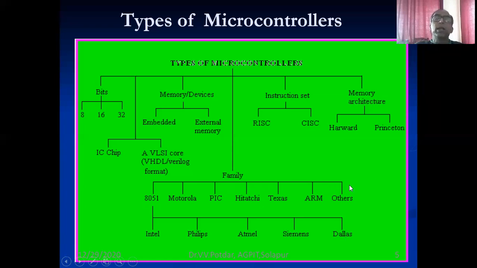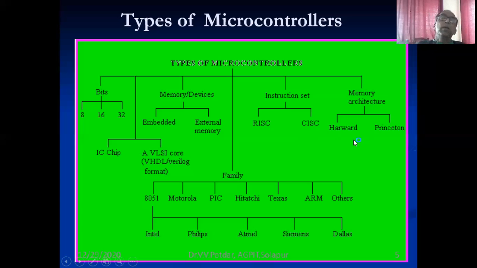This is one more categorization of microcontrollers. Then based on instruction sets, there is one category, RISC compatible or RISC instruction set. Then for memory architecture, Harvard type memory architecture is one type of microcontroller, and Princeton type of memory architecture is another type.